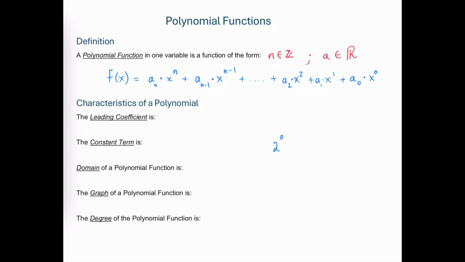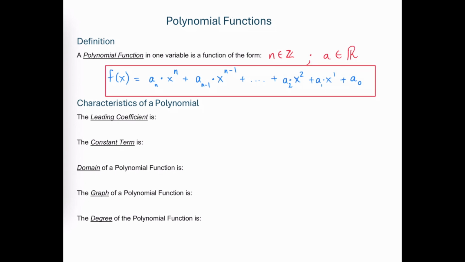But since anything raised to the 0 is 1, we don't have to write x to the 0 because that's just equal to 1. So this definition looks pretty abstract, but basically what it's saying is that we're going to have a bunch of terms, x raised to a power, and the powers on those x's have to be positive integers. And the coefficients on those x's have to be real numbers.